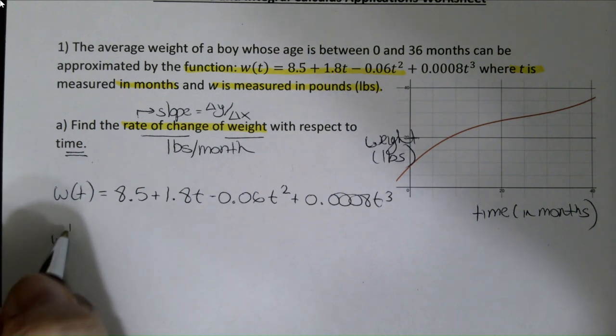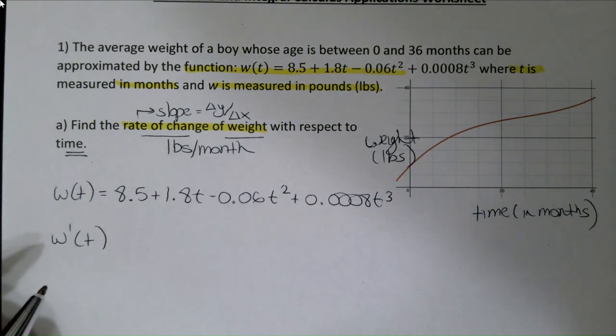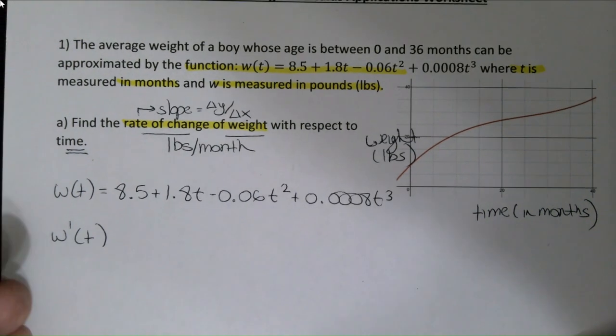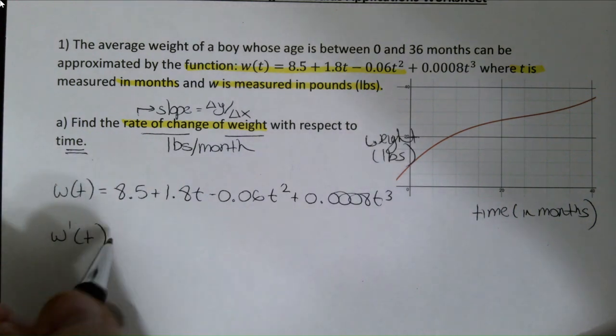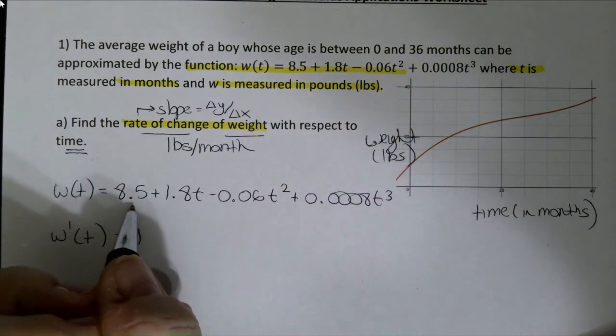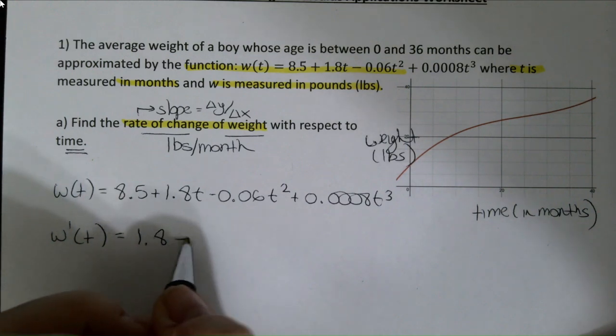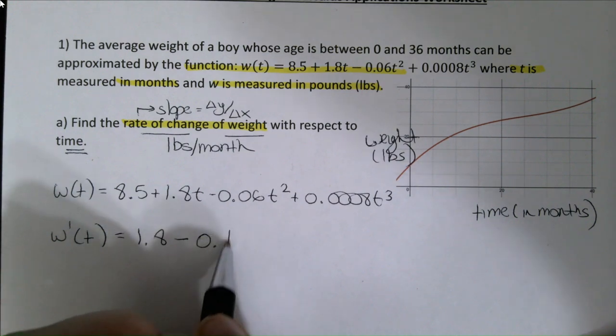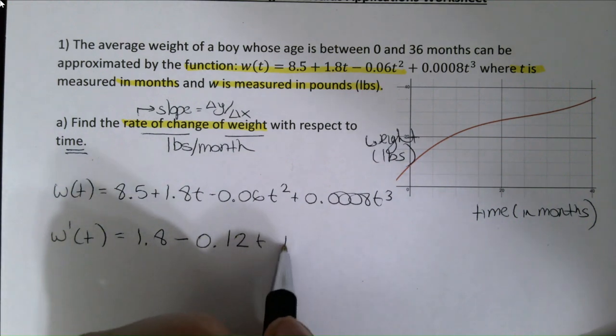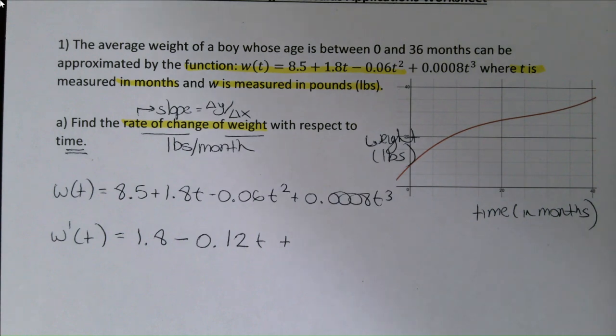And we've learned through studying derivatives that when you take a derivative, one of the words we call that is the rate of change. So since I know how to take the derivative, if I take the derivative of this function here, this is 0, this is 1.8, this is going to be 2 times 0.06, which is going to be 0.12, and this right here is going to be 0.0024 t squared. I might add an extra 0 there when I said it out loud.